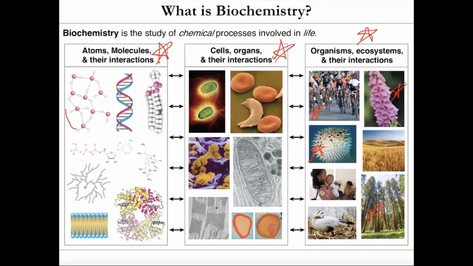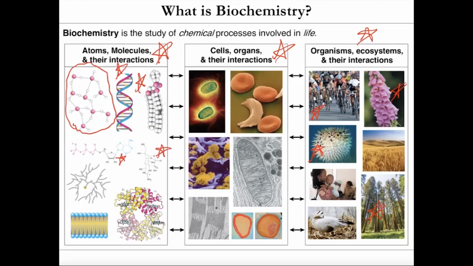We have water here. All biochemistry takes place in water, so it's very important. We have a DNA molecule right here. We have a fat molecule, which forms the cell membrane around cells. We have an ATP molecule, which is the universal energy currency. If you are running down the street, you're basically just burning ATP to provide energy.